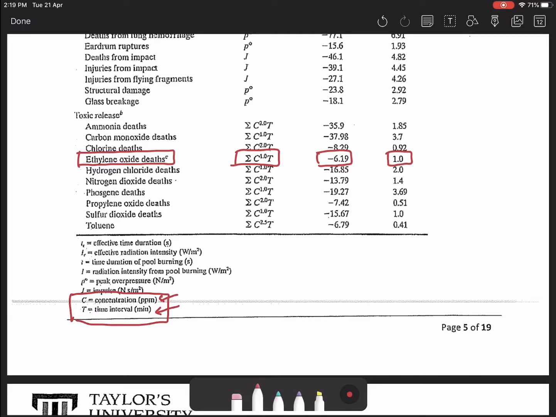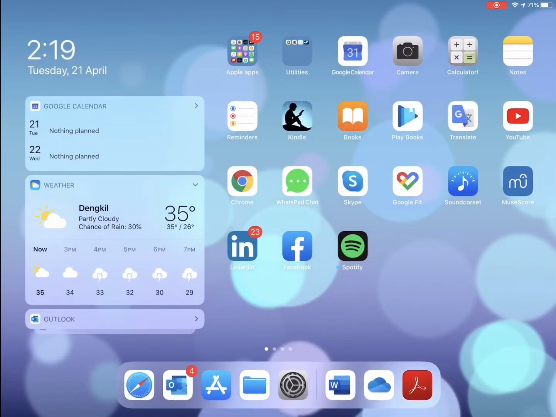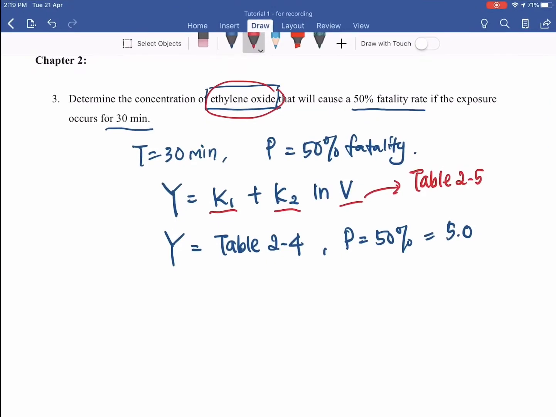So if we put all these values back into our formula, we will have Y equals negative 6.19 plus 1 ln of the summation of C to the power 1.0 times T.